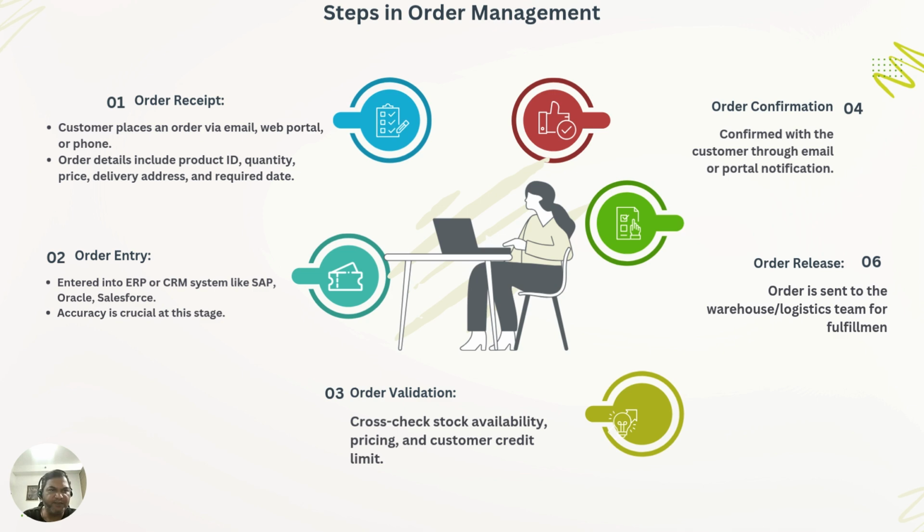Now the second step is order entry. When I say order entry, the order that you have received, especially in a bigger organization, has to be placed in a system. So the second step is to enter the order information in the CRM or ERP or any other system that your company manages.